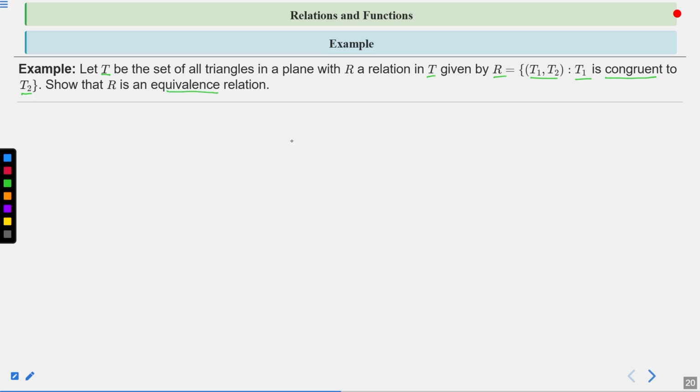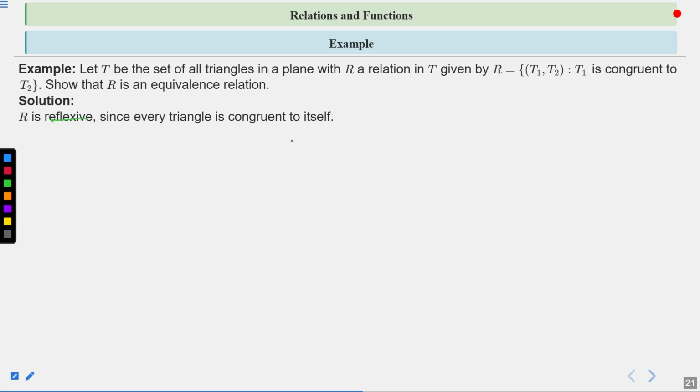In order to show the given relation is an equivalence relation, we need to show that R is symmetric, transitive as well as reflexive. So, solution. Starting with the conditions of equivalence relation.